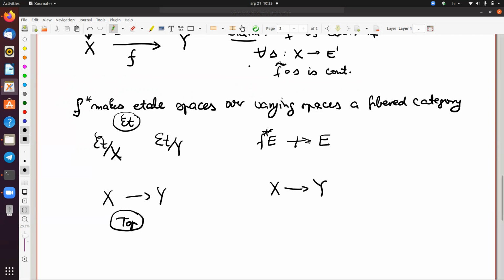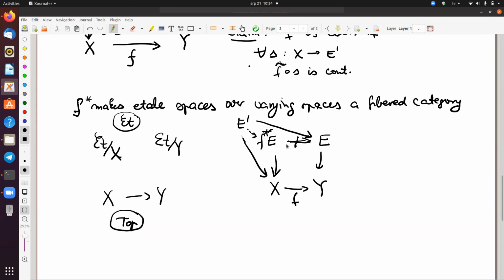They are Cartesian in the sense that they have a universal property: if I take any E prime over X and a map over F from E prime to X, then there is a unique map from E prime to F star of V such that the external square commutes. Such a map is called Cartesian, and the composition of Cartesian maps is Cartesian.